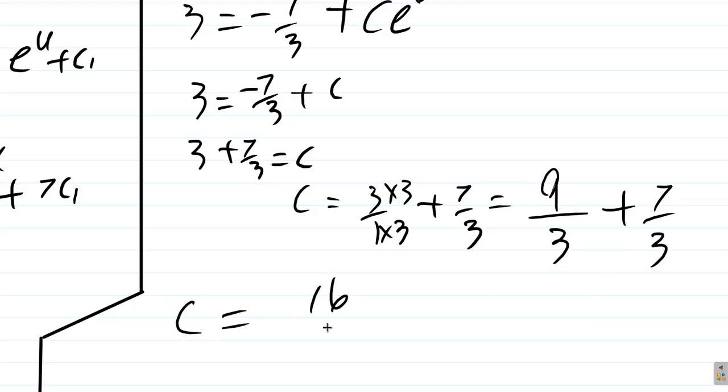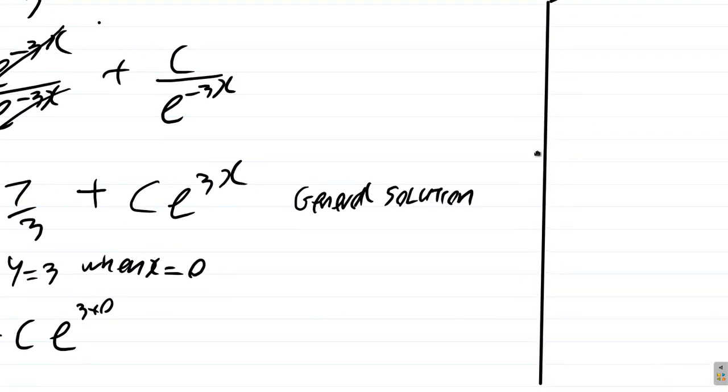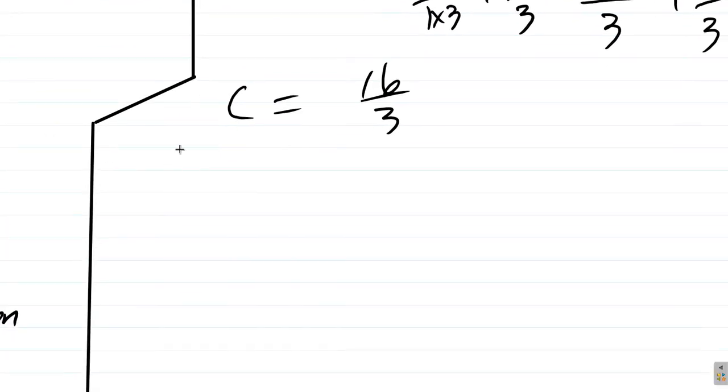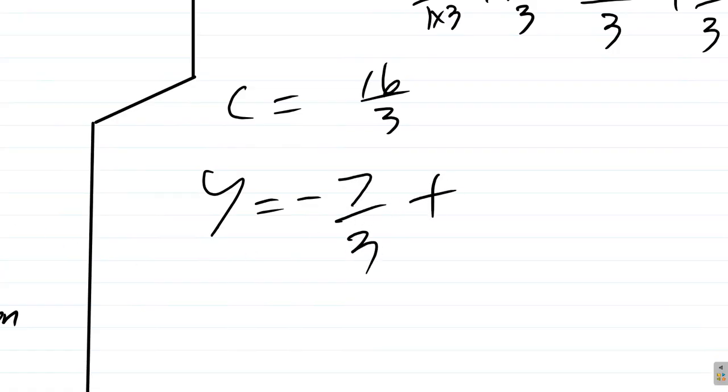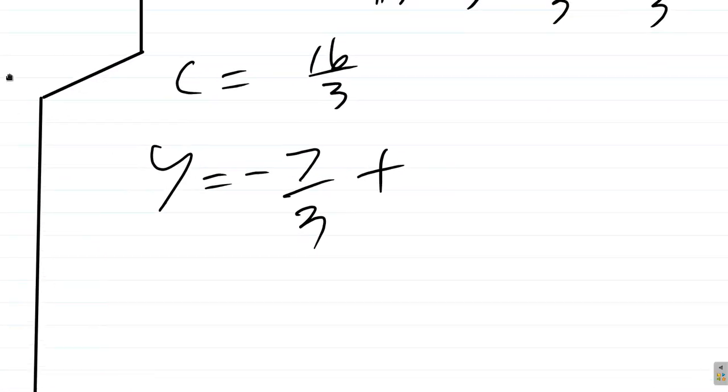So c is 16/3. So what you have then is y equals negative 7 over 3 plus c e to the 3x. So that would be 16 over 3 e to the 3x.